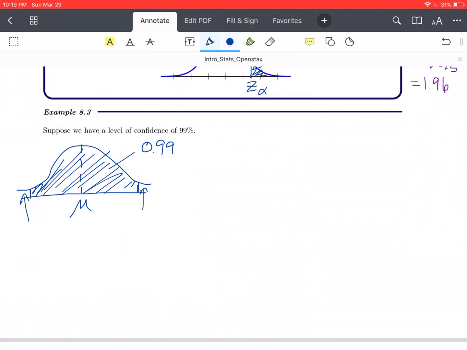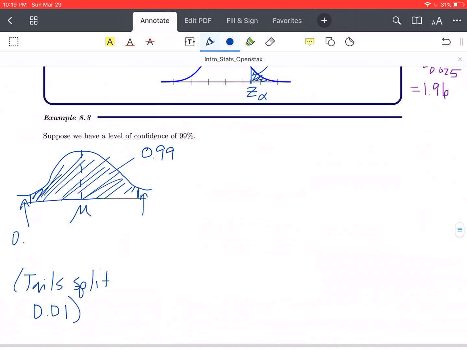Right? So the tails split 0.01. So cut that in half, that's 0.005 in both of the tails. So that's half a percentage in each of those tails.